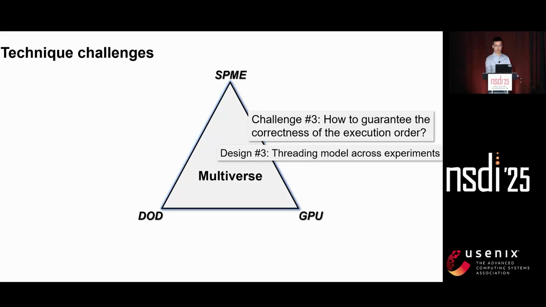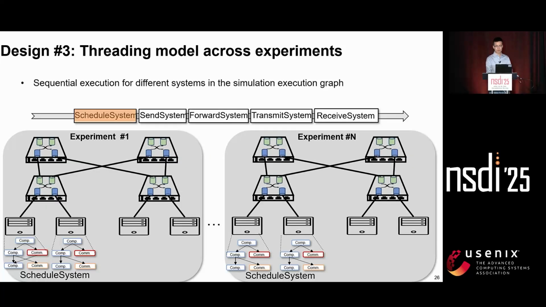We propose a threading model across experiments to address that. In the threading model, Multiverse executes different systems sequentially in the execution graph. And for each system, it uses all GPU cores to process all experiments in parallel and batch.